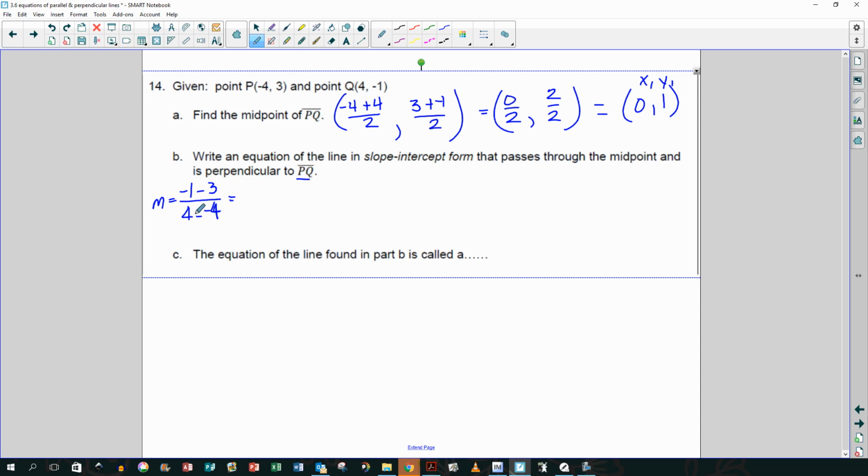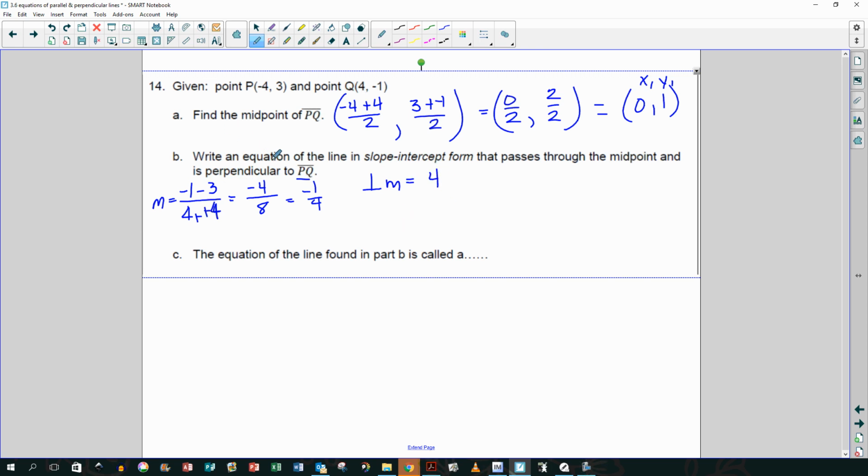So two negatives together are going to become positive. So this is -4 over 8. So this is -1/2. Well, if my slope is -1/2, then my perpendicular slope is 2.